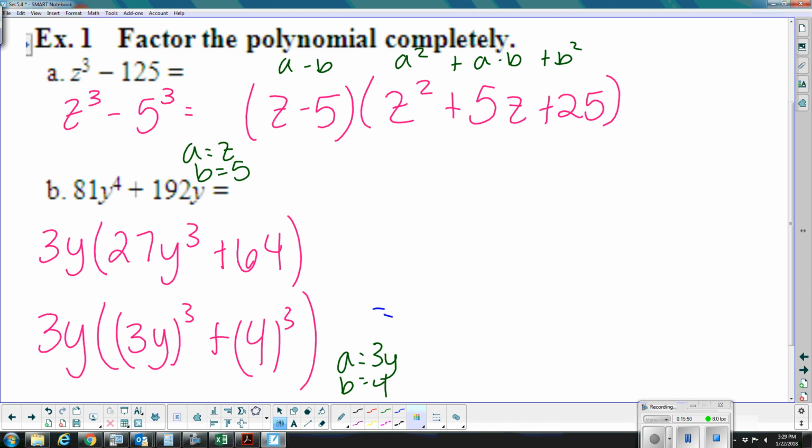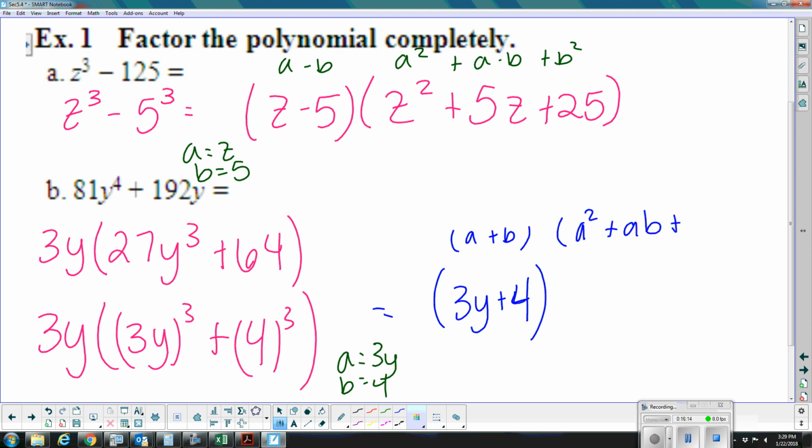Okay, so then when we write this, we write A minus B. Well, actually, this is the sum of two cubes, so we're going to write A plus B, times A squared minus AB plus B squared.